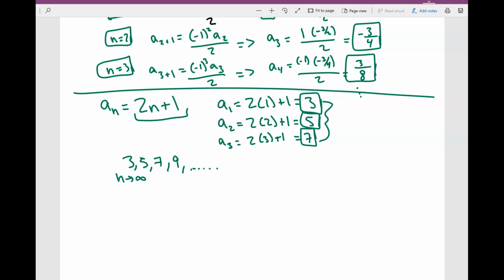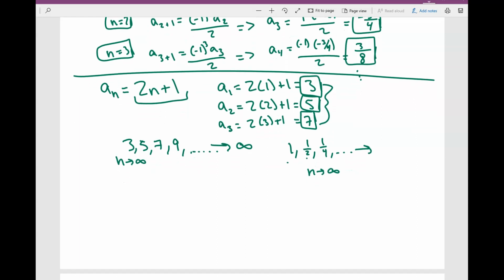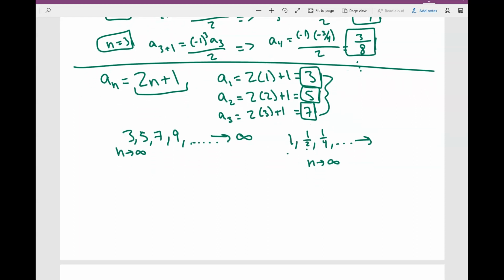This guy just gets completely big. But there are other sequences, for example 1, 1/2, 1/4, and so on, where as n goes to infinity the numbers do not get bigger, because they get smaller and smaller. So what we're going to try to do in this chapter is determine whether these sequences tend to converge or not.